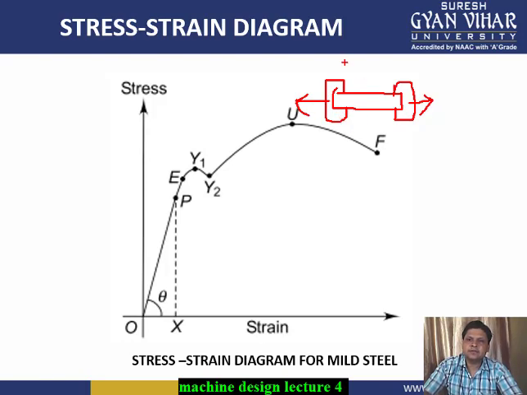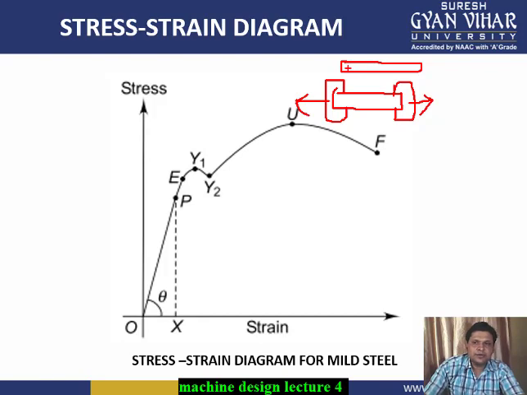Due to this the rod is elongated, and generally we use a ductile material. If we are making a stress strain diagram for a ductile material, then the rod will be elongated, and a situation will come that the rod will be broken into two pieces. The whole of this process is captured in this stress strain diagram.